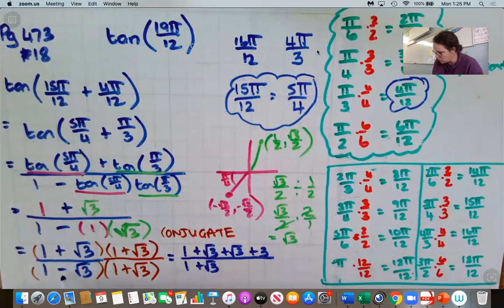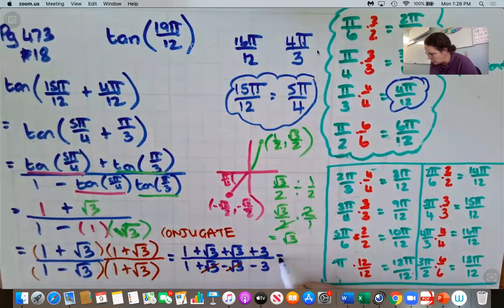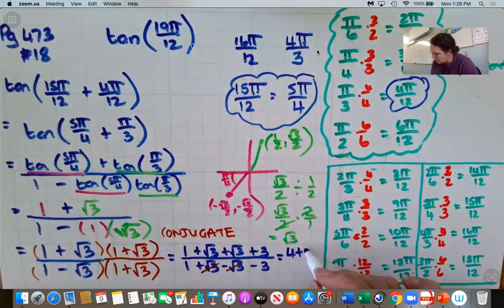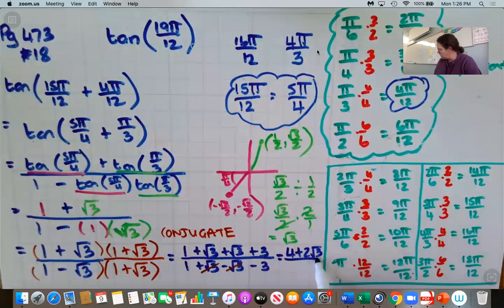Negative root 3 times 1 is negative root 3. Negative root 3 times negative root 3 is negative 3. These two radicals are going to cancel out. And so my numerator is going to be 4 plus, I have root 3 plus root 3, which is 2 root 3. And then in my denominator, I have 1 minus 3, which is negative 2.